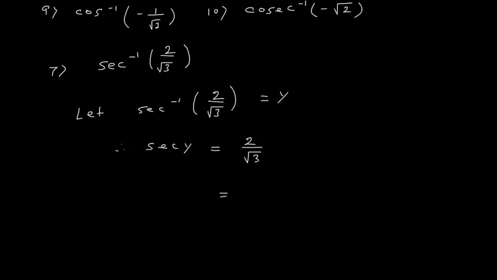So therefore sec 30 degree will be 2 upon root 3. So this is equals to sec pi upon 6. So here y is equals to, this implies y equal to pi by 6.